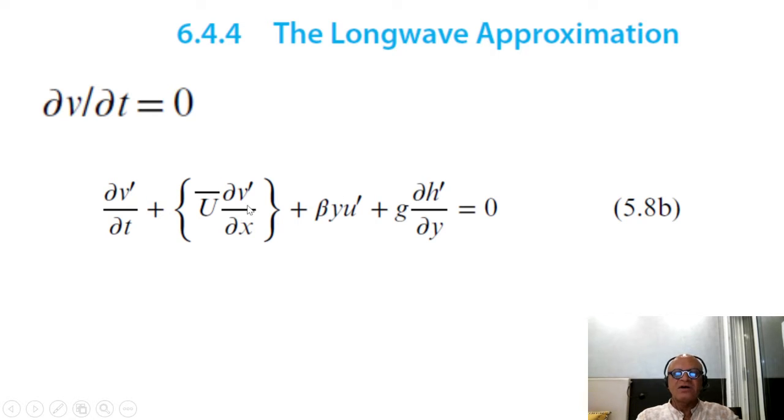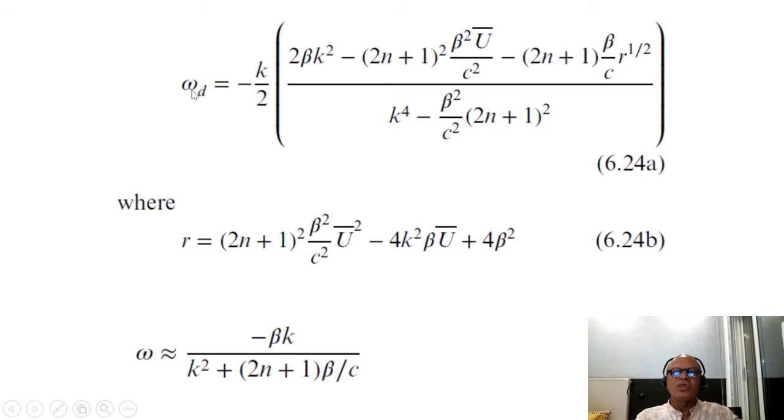So in that case, you end up with a simple equation with the simplification of the Doppler shifted wave frequency in terms of the basic state and beta effect and the meridional mode and so on, with this complex coefficient here, which can be simplified to just minus b beta k over k squared plus (2n plus 1) times beta over c.